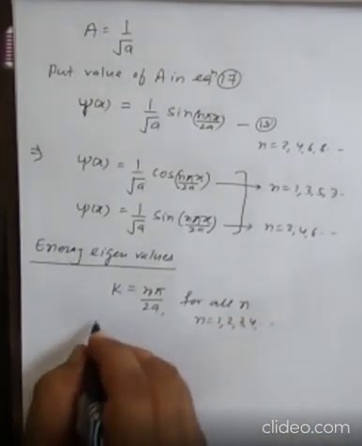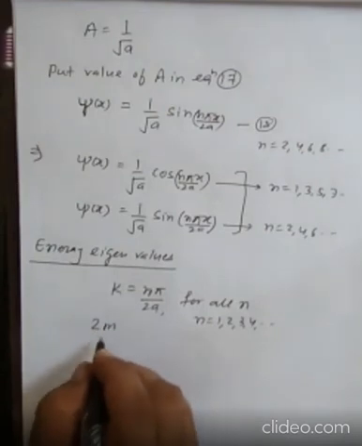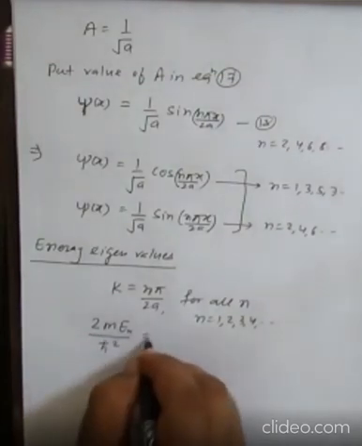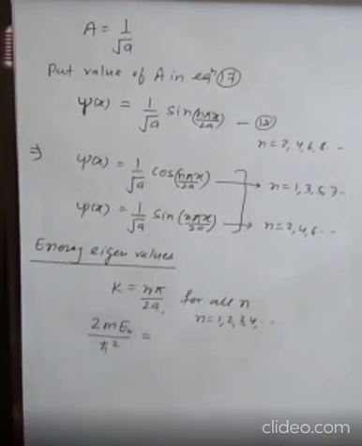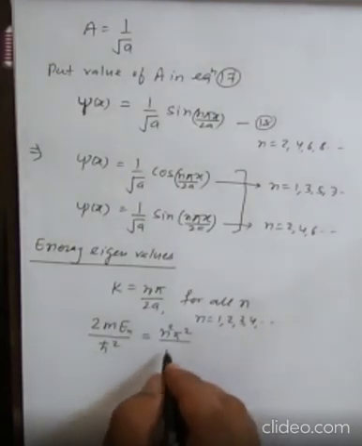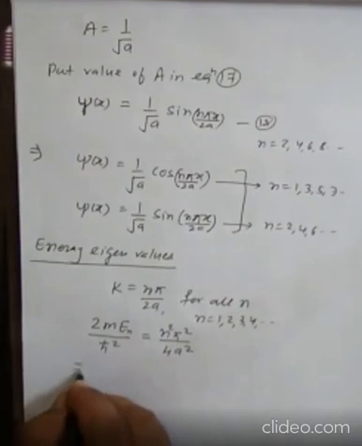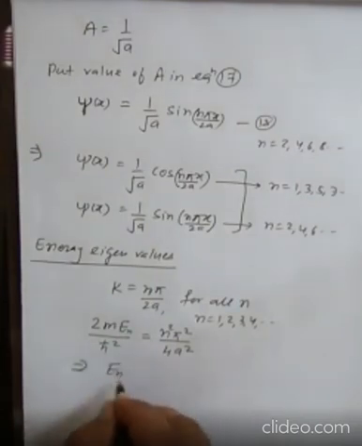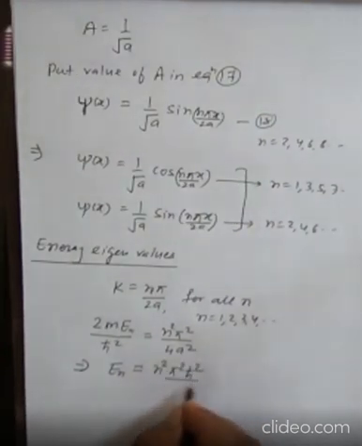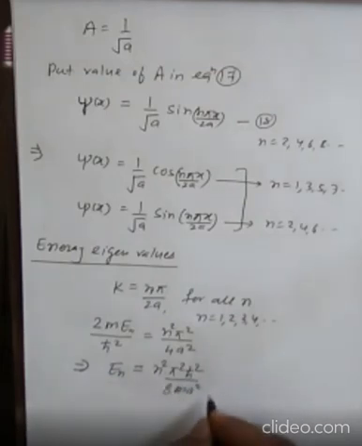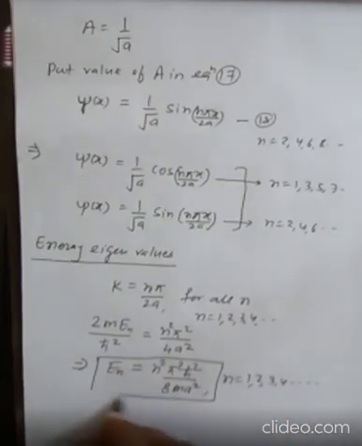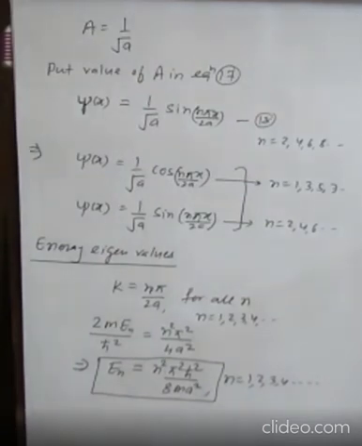So from this we can write, and then we know that k square, if I square on both sides, then k square is 2mE over h cross square, which is equal to n square pi square over 4a square, and from this we will get E n equal to n square pi square h cross square over 8 m a square, n equal to 1, 2, 3, 4. So this is the eigenvalue of the nth state.